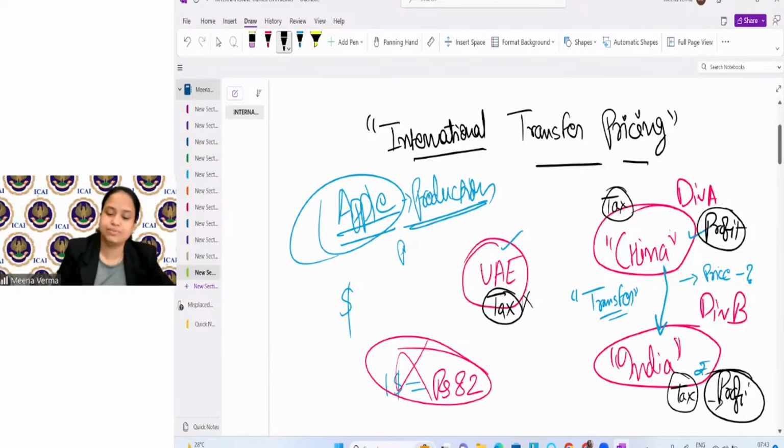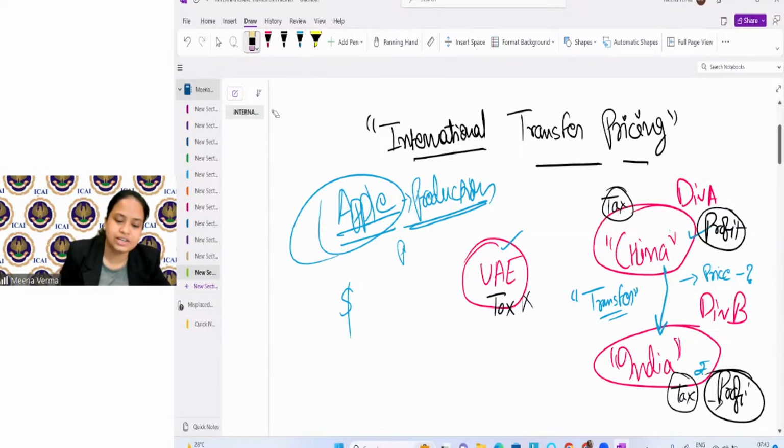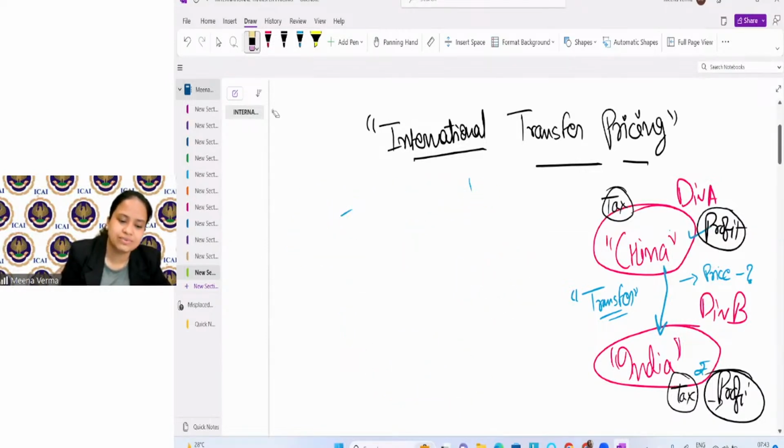Generally, what happens is that we will first see in which country the tax rate is high. We will see in such a scenario, country X and country Y. Let's take an example, not India, China.